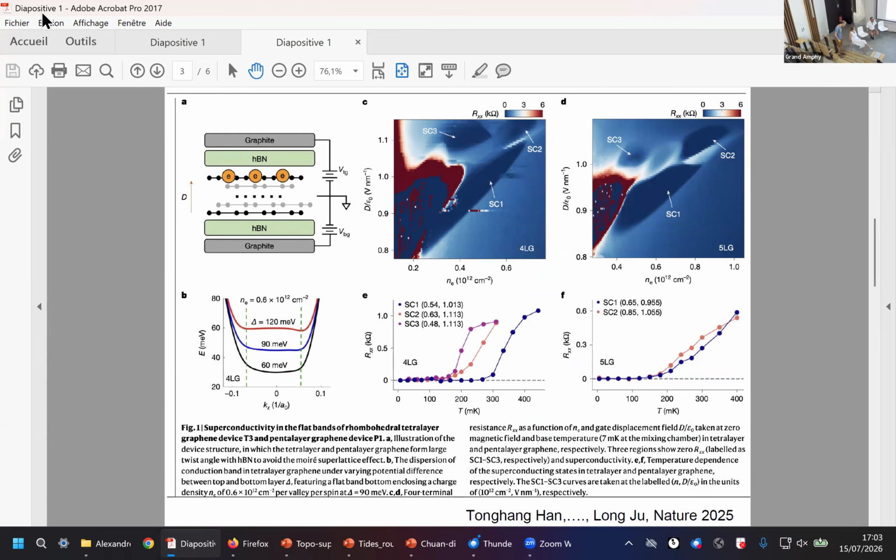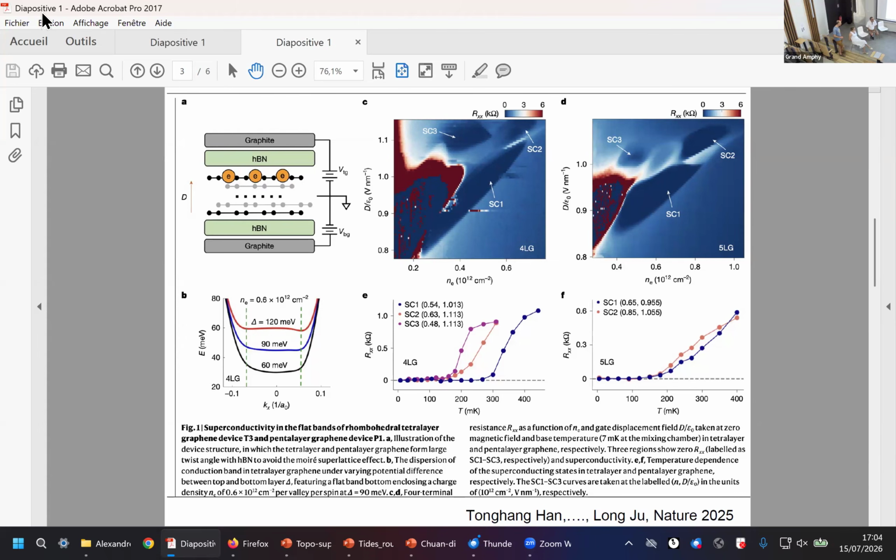And also to stabilize this quantization, there is a trick of putting a layer of tungsten diselenide, which creates some Ising spin-orbit coupling in the system. Maybe there are some ideas that then you suppress spin fluctuations. I don't know. But okay, it depends what one.